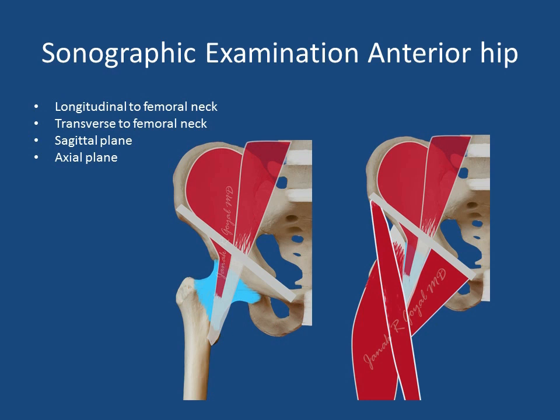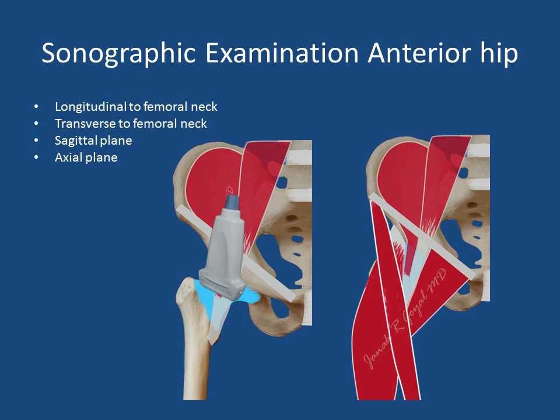Scans are performed in the sagittal and axial plane for the evaluation of the iliopsoas tendon and bursa. Now, here is your scan over the longitudinal axis of the femoral neck, and here is the scan on the transverse axis of the femoral neck for examination of the femoral head, neck, and the joint recess for examination for synovial fluid.